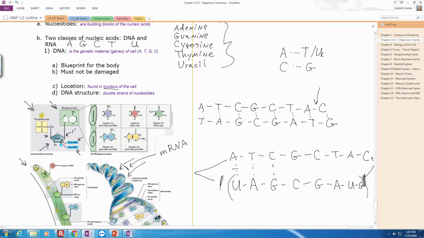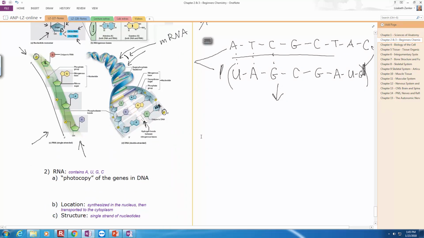And then those hydrogen bonds will break off and this single strand will be the mRNA, or the RNA molecule that we're going to talk about. The DNA would zip itself back up and look like that upper one that we did the first time. Okay? So, a photocopy of the genes in DNA is what makes our mRNA molecule.